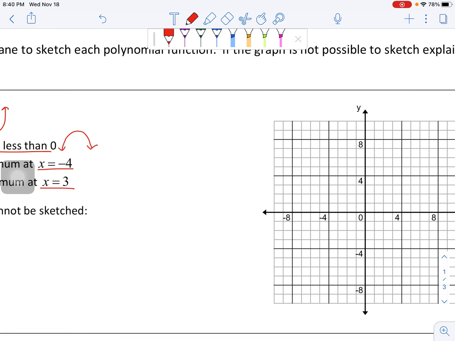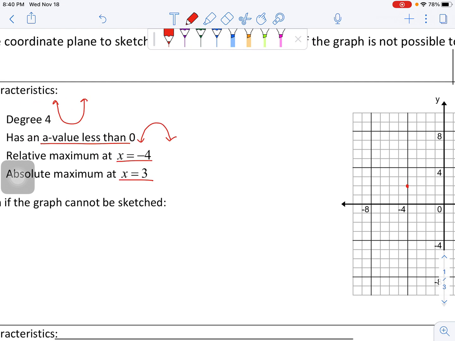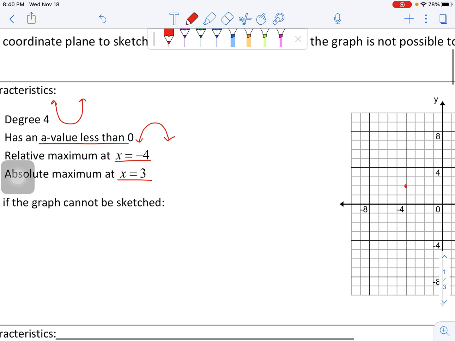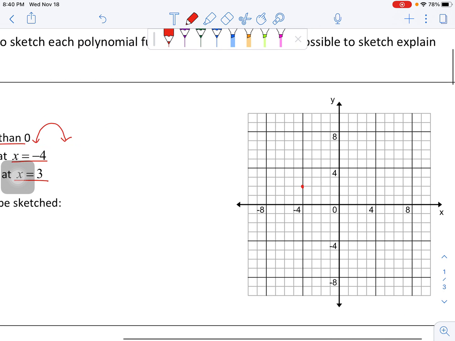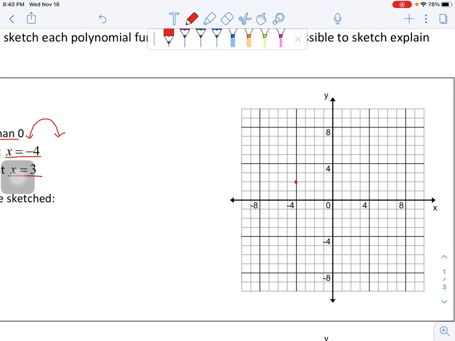So if I look at my graph here, at -4, I'm going to pick a maximum point and say it goes up to 2. All right. But then it says it has an absolute maximum at x is equal to 3. So at +3, I need to make sure that this is the highest my graph ever gets to.